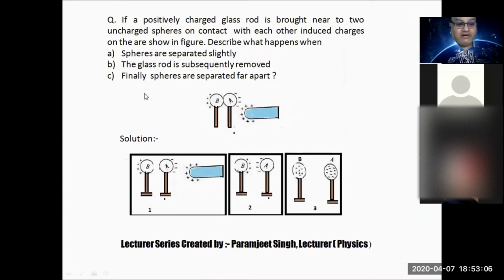Now the third part. Finally, the spheres are separated apart. Here the spheres are still close to each other, but now we separate both spheres. What is happening? Now charges are equally distributed on the spheres. The sphere is of metal, and how charge behaves on metal I have already explained.